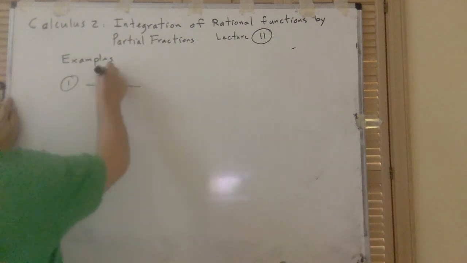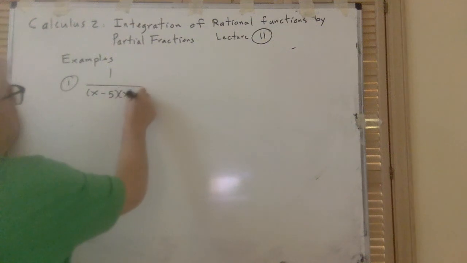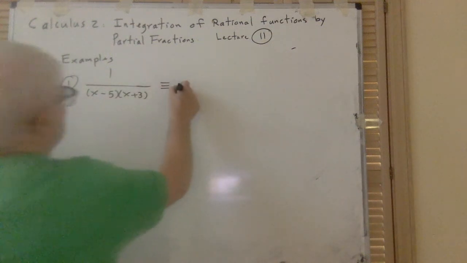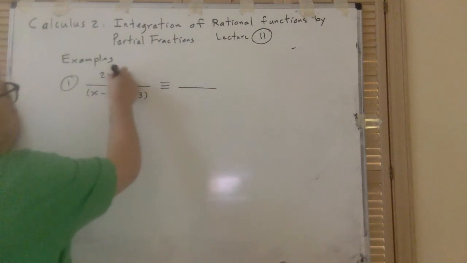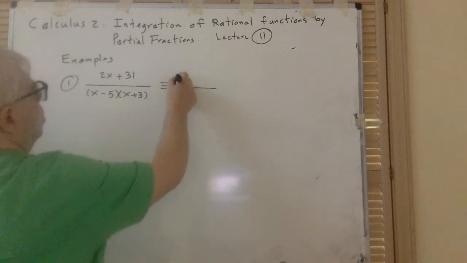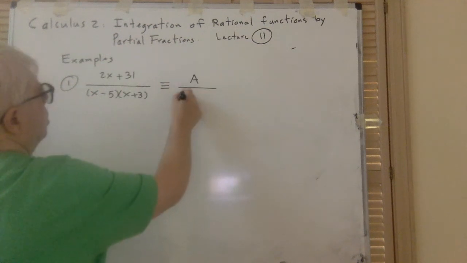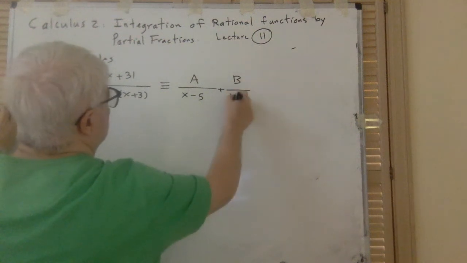So let's start with the simplest: (2x plus 2, say, something) over (x minus 5)(x plus 3). That is a over (x minus 5) plus b over (x plus 3).